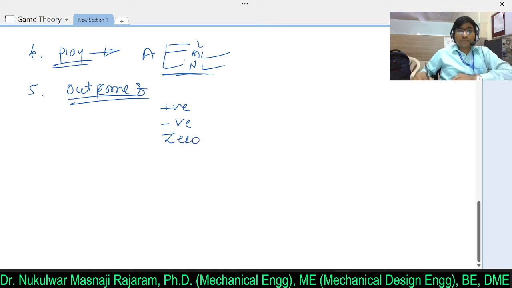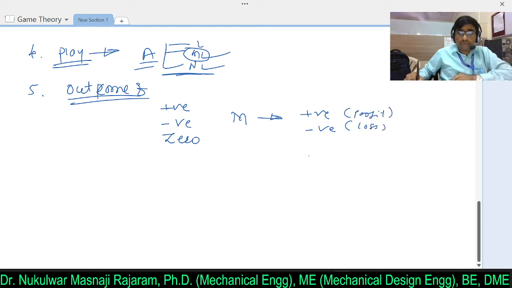Clear? Suppose player A takes the M strategy. Then that M strategy may have a positive output, or negative, which we can call a loss. Positive means profit, or there may be no loss and no profit, so there may be a 0 outcome.